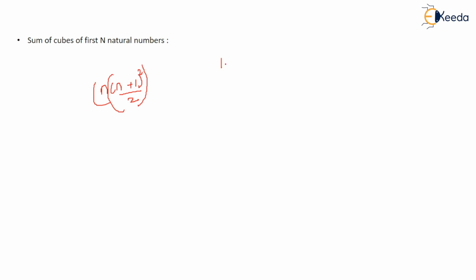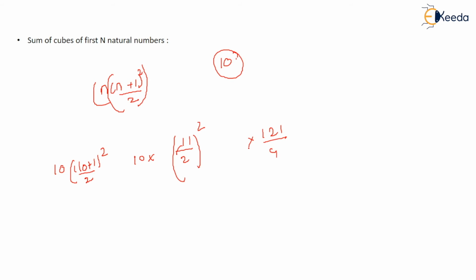So if I ask you the sum of cubes of the first 10 natural numbers, what do you do? 10 plus 1, that is 11, right, upon 2 whole square. So 11 by 2 whole square into 10. So 11 square comes out to be 121 upon 4 into 10.